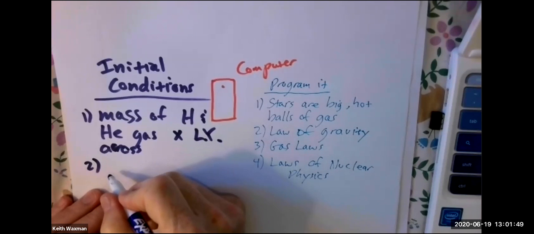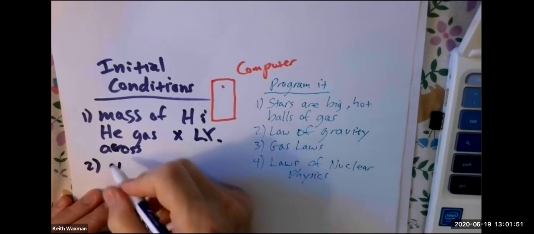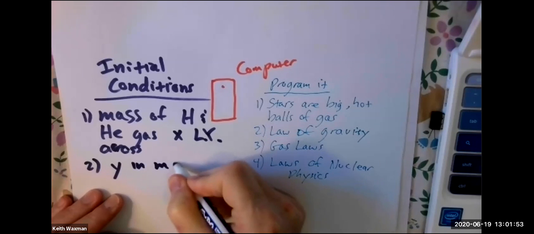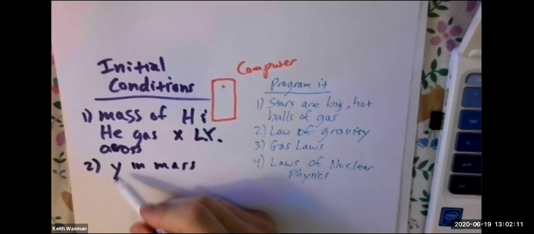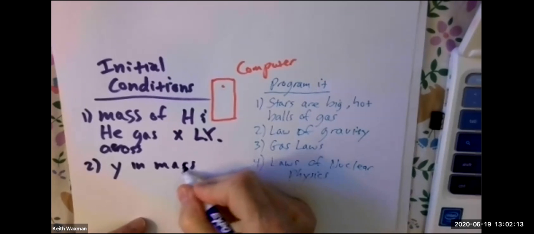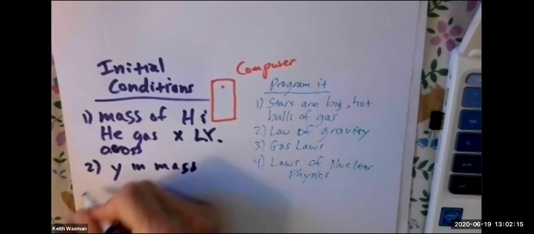Let's say it's Y, variable Y in mass. Let's say the whole cloud is, I don't know, a billion solar masses. Let's do another one. We could put 500 million. We could put 5,000. We could put a whole bunch of numbers. We could have the computer generate its own. So that's mass right there. Y mass.